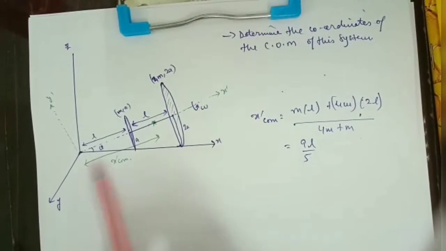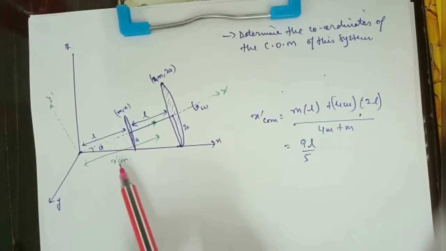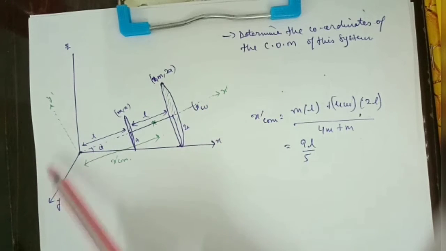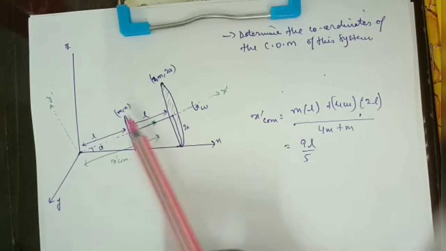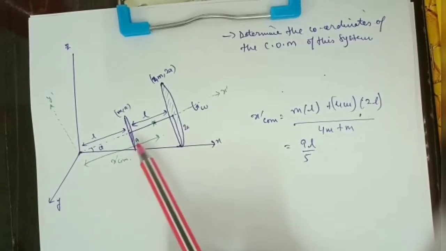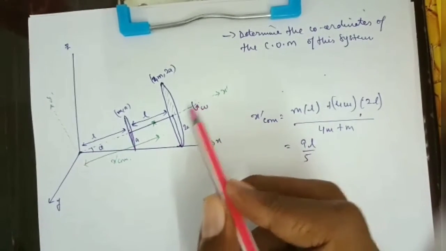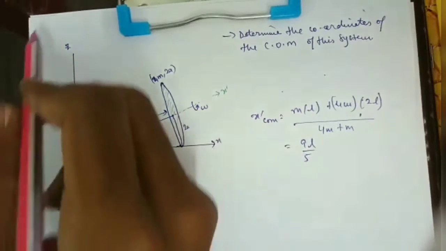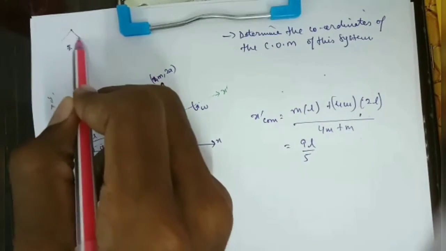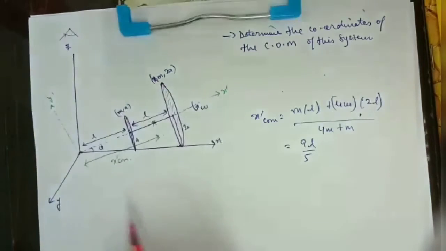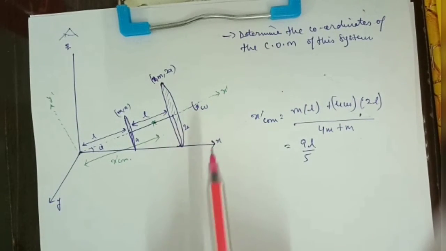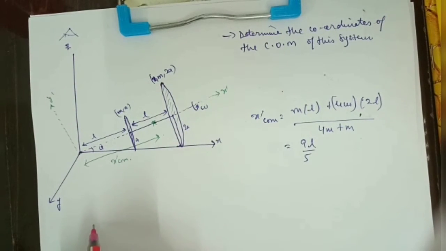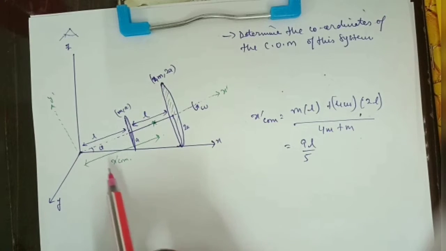Now having found this distance, we'll do the analysis of how this system is moving. We know that it is moving with an angular speed omega about this axis. If you view from above the z-axis, you'll see that the center of mass is moving in a circular path in the xy plane.